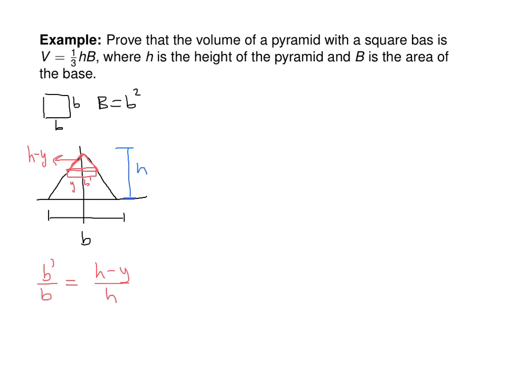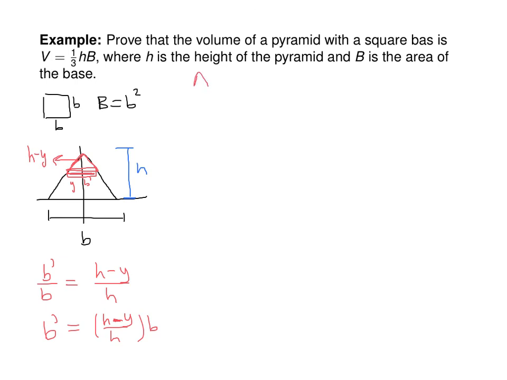And that tells us that b prime is equal to h minus y over h times b. And that is useful because once we know what this distance is, we can find the area of that cross-section by squaring this.